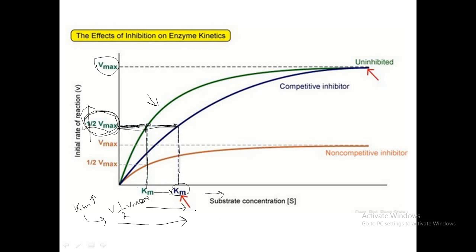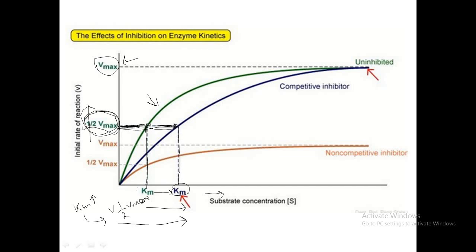In competitive inhibition, there is no net change in the Vmax value, but there is an increase in the Km value, because we need to increase the substrate concentration to reach that particular Vmax.